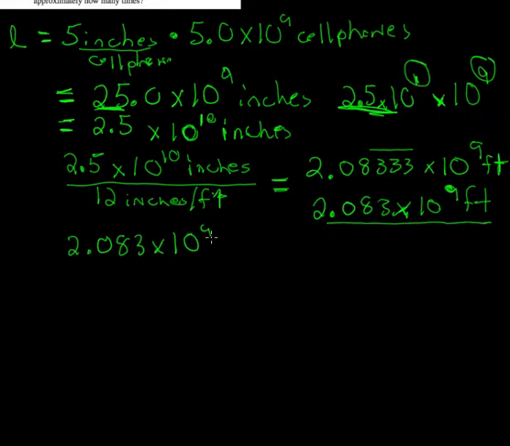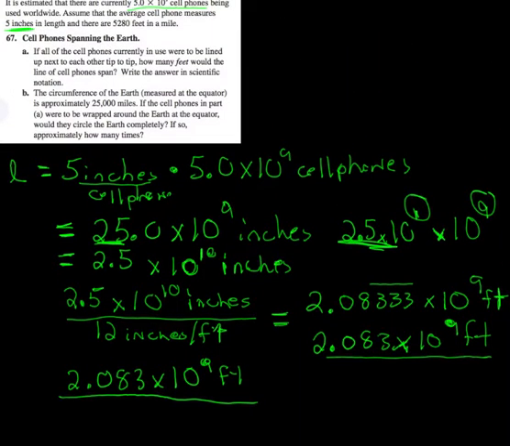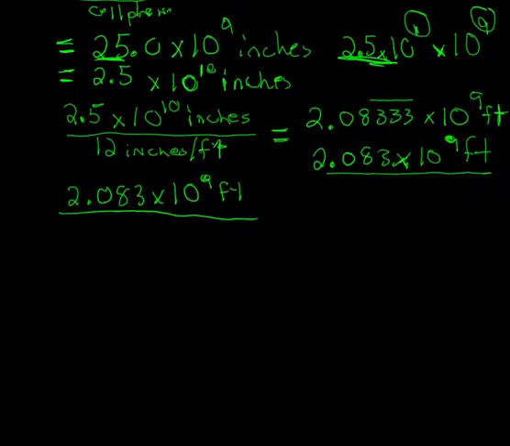But the question tells us how many feet there are per mile, so I'm going to do the same thing. I'm going to divide that. And if we look back up here, there are 5,280 feet per mile. So if I do this division, luckily I have this previous answer saved in my calculator.